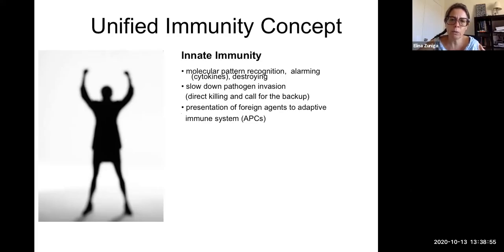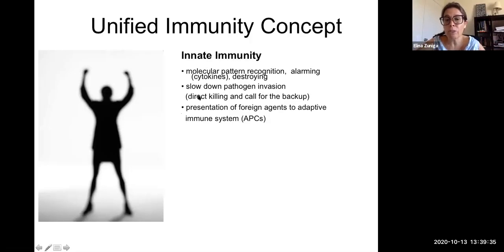The innate immunity, as we learned, works via molecular pattern recognition, so the interaction between the PRRs and the PAMPs will lead to alarming and destruction of the pathogen. That will slow the pathogen invasion, and we learned, for example, how interferons create an antiviral state and may diminish translation of viral proteins or cause degradation of viral RNA to slow down the pathogen spread.